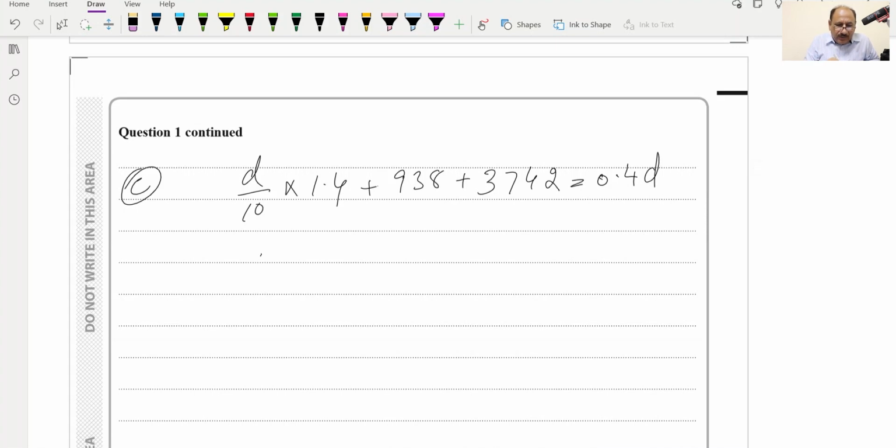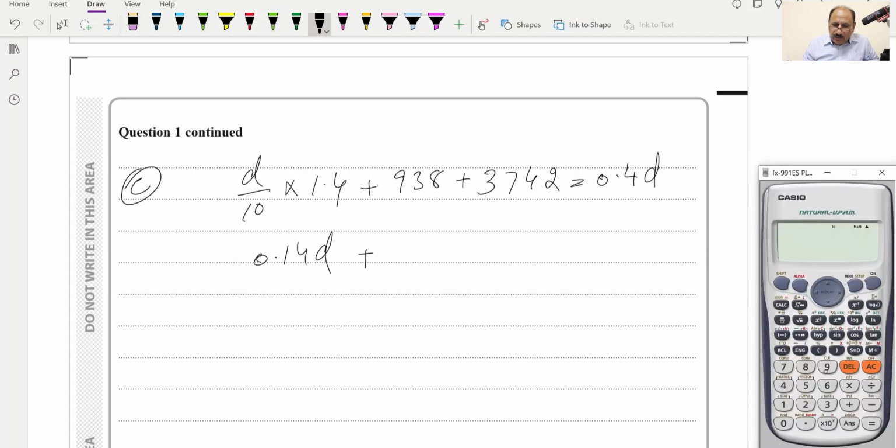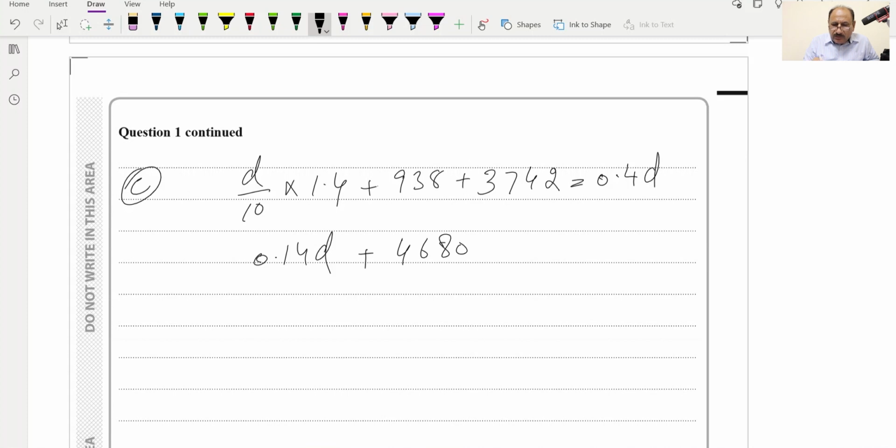So we can write 0.14D, and this will be plus these two terms, we can add 938 plus 3742, is equal to 4680, is equal to 0.4D.